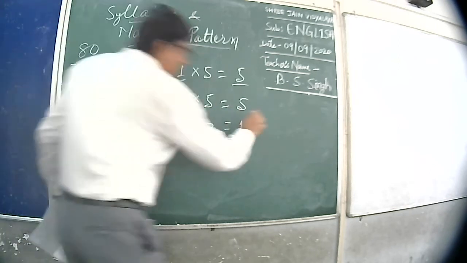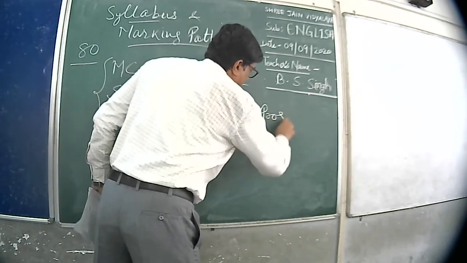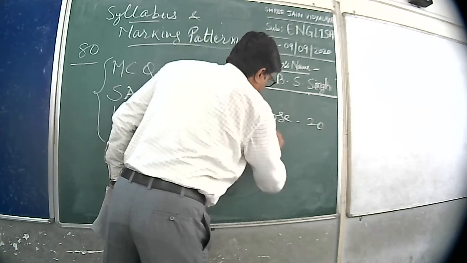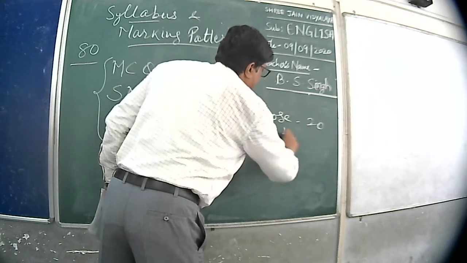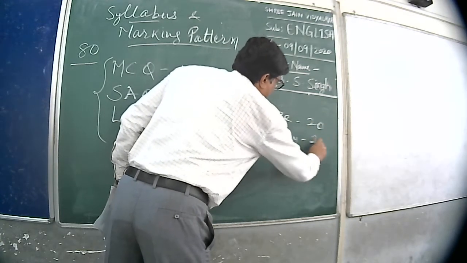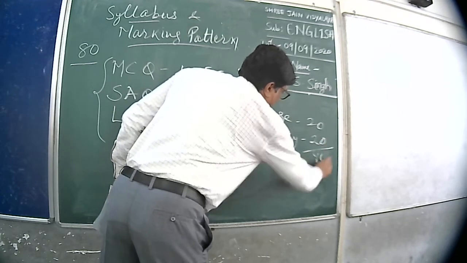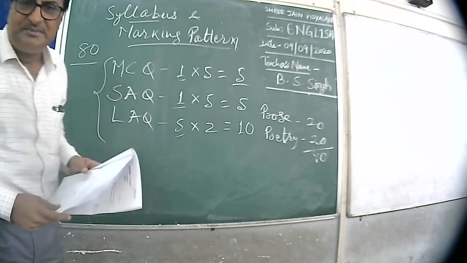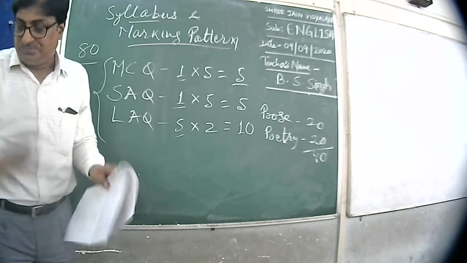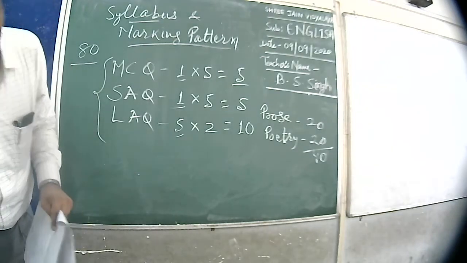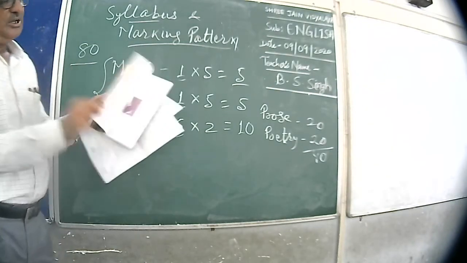So, prose 20, poetry 20, and it becomes 40 marks. Then you have another book, as I told you, rapid reader.